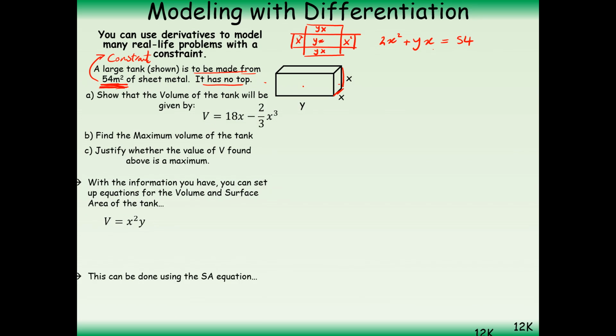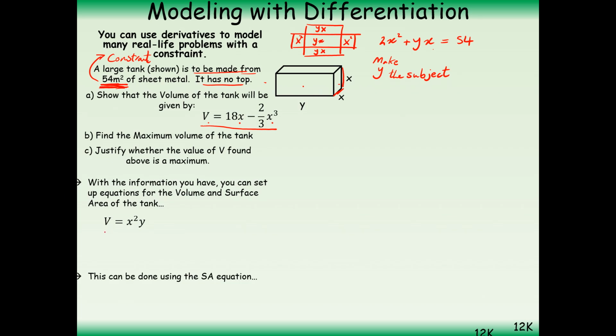Now, looking at the volume, they've eliminated y in this equation. Therefore, we can make y the subject of this constraint equation so that we can insert it into the volume of this tank.